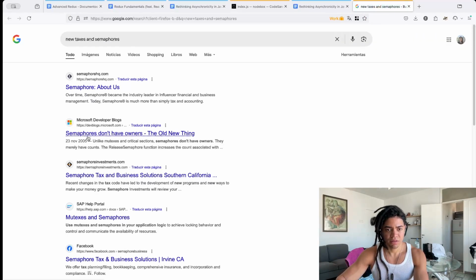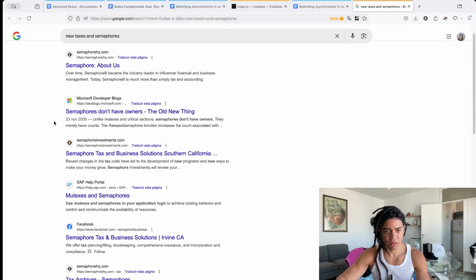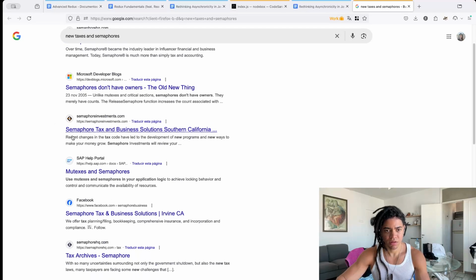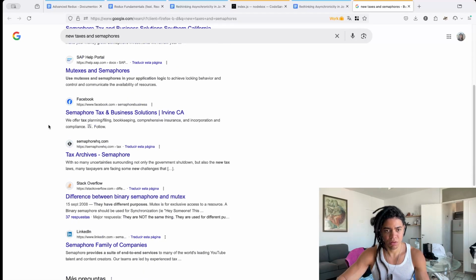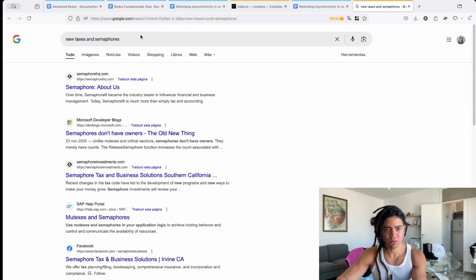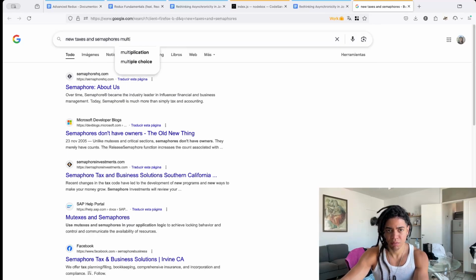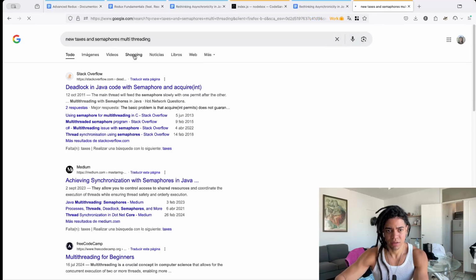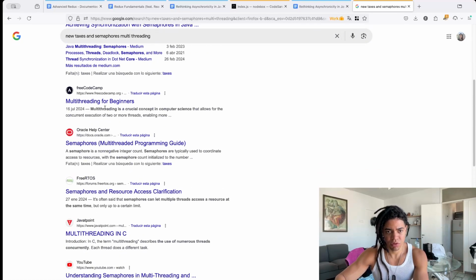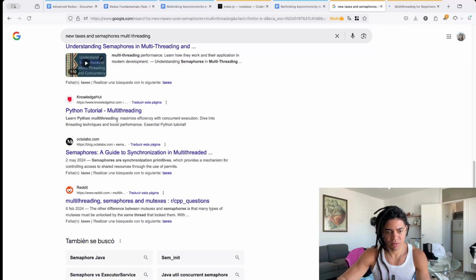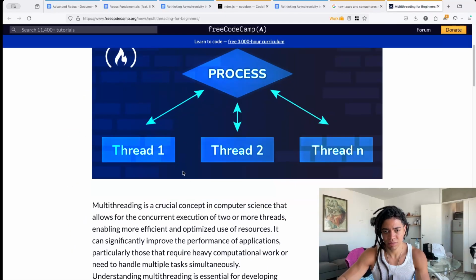Okay. Semaphores don't have owners. The all new thing. Semaphore stacks and business solution. Semaphore stacks, but this is for the multi-threading. Multi-threading for beginners. No, but I'm looking at this.